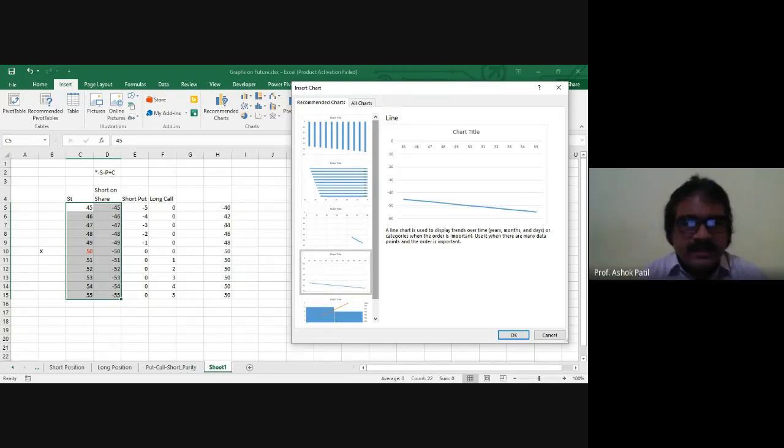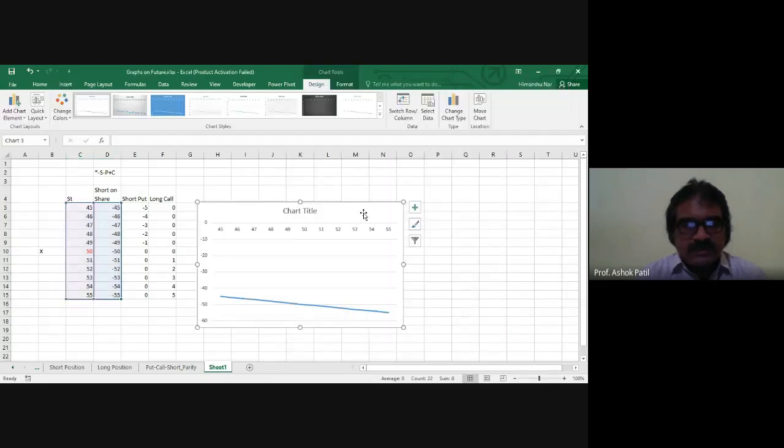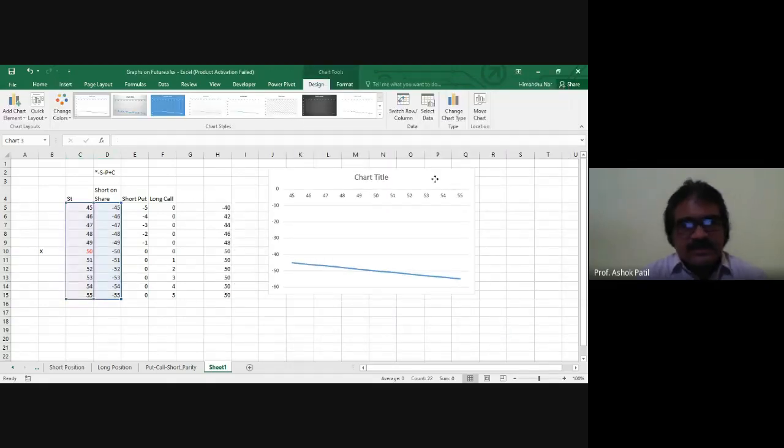See presently whatever you selected. Move the mouse. This is fine, no? Yes, this is what the line of short share is. The value of short share at maturity.